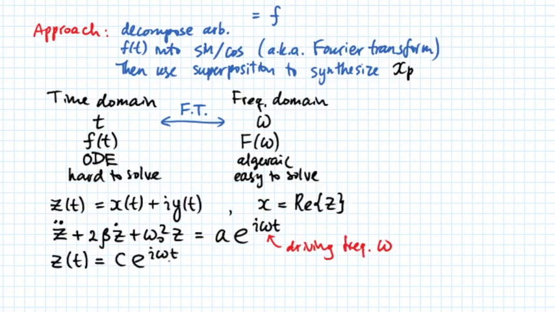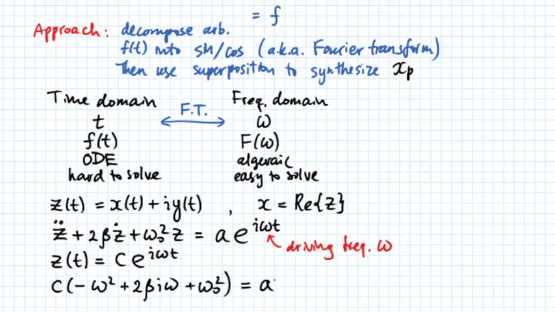Substituting the form into the equation, we get c times minus omega squared plus 2 beta i omega plus omega naught squared. And that should all be given by A. This is how the equation of motion looks in the frequency domain.